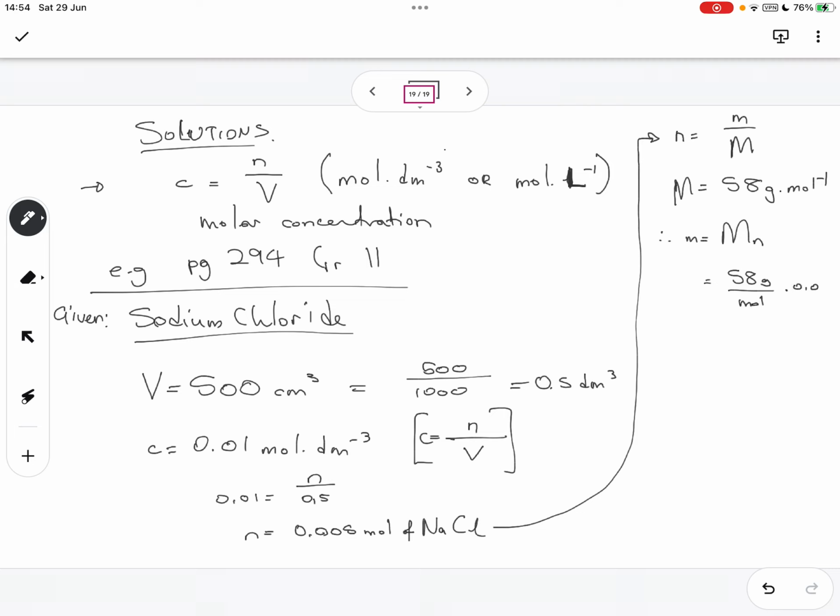And this is going to be 58 grams per mole times 0.005 mole. And this is going to give us 0.29 grams. So we'll need a very small amount of sodium chloride to have a concentration of 0.01 moles per liter. So it's literally not even 1 gram.